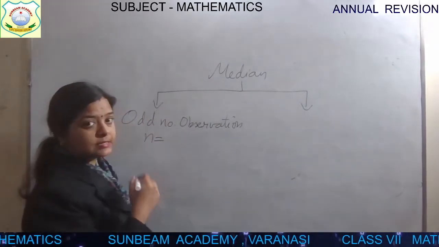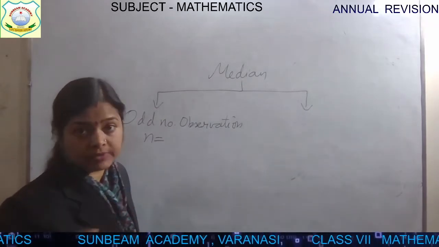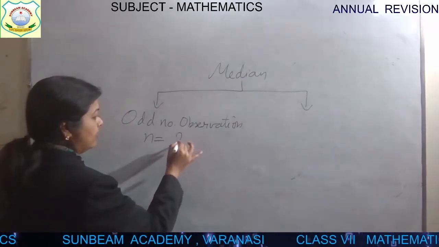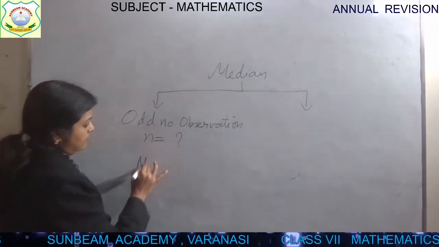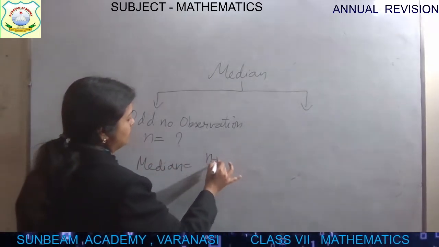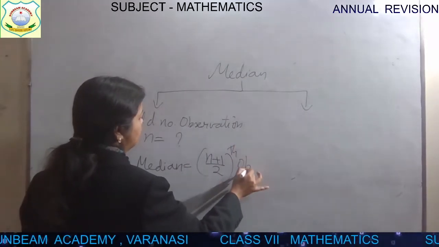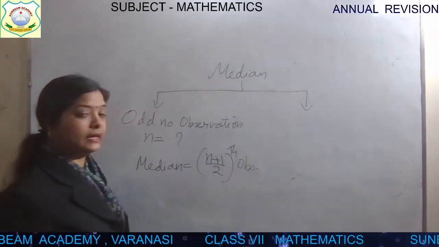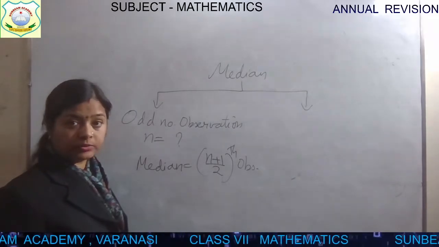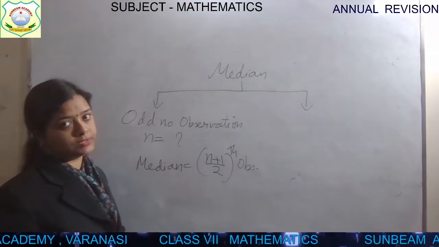If n is 5 then it is odd number of observation. 5 observation अगर आप दिए तो n is 5. So you will find the n here first. Then median is equal to n plus 1 by 2th observation. ये हो जाएगा आपका formula for finding the median of odd number of observation.